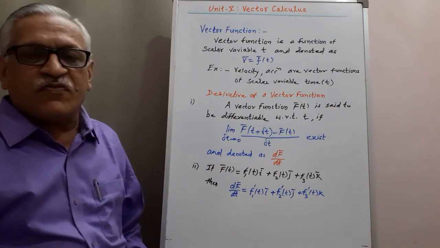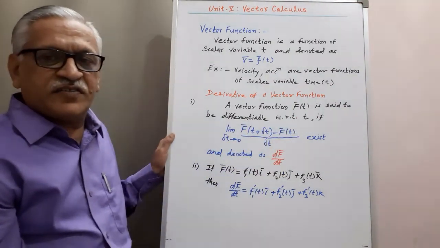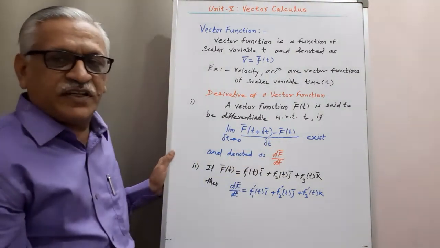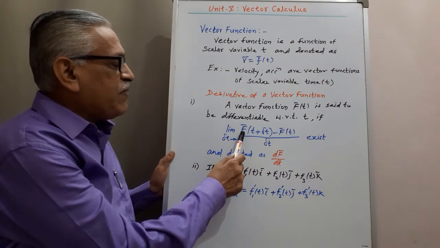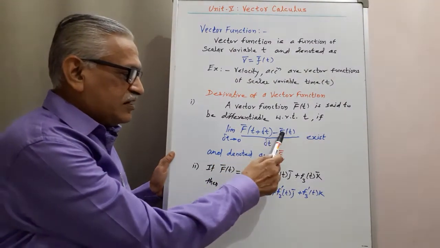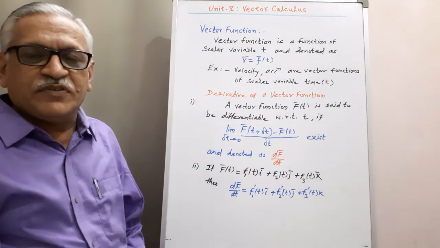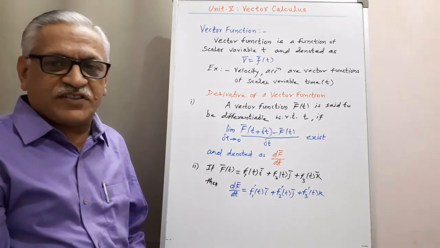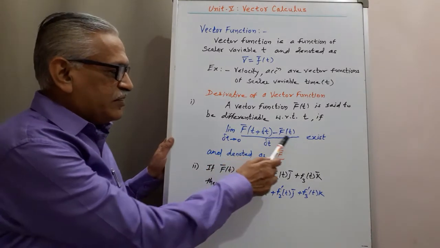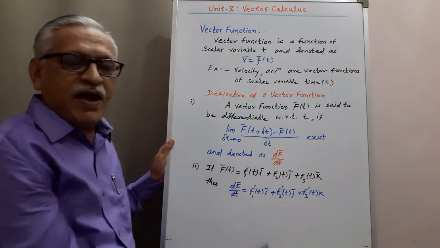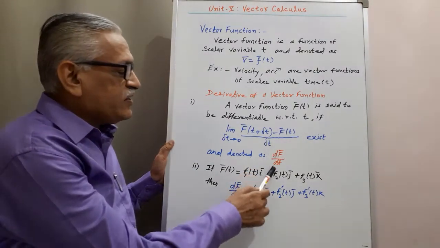Next point is the derivative of a vector function. A vector function f bar of t is said to be differentiable with respect to t if the first principle limit of f bar of t plus delta t minus f bar of t upon delta t, as delta t tends to 0, exists. If the limit does not exist, it is not differentiable. If the limit exists, we denote its value by df bar by dt, or d by dt of f bar.